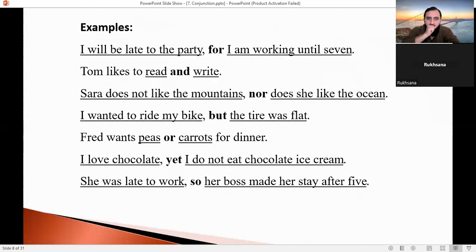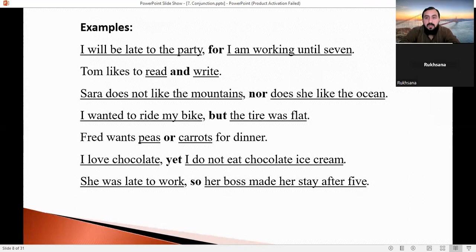Sarah does not like the mountain, nor does she like the ocean. Sir, can we say Sarah does not like the mountain, nor the ocean? No. The usage of nor as a coordinating conjunction is different, okay?